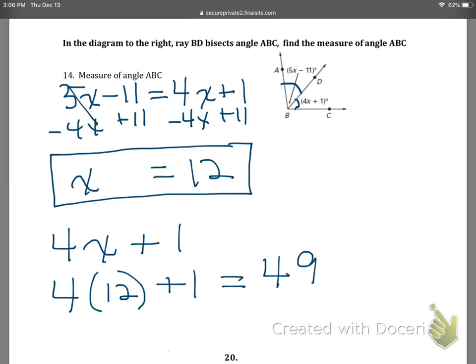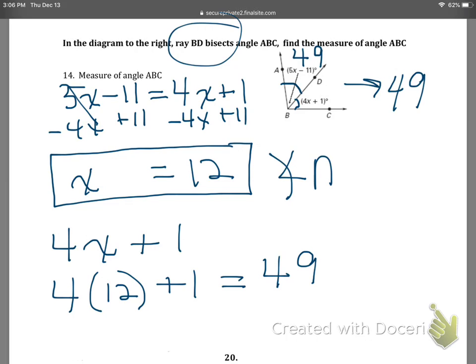If I know the bottom of this angle is 49, don't I know the top of it is also 49 because of the bisecting information that they gave me here? So if this is also 49, then angle ABC is going to be 49 plus 49, or 98 degrees. And that one's done.